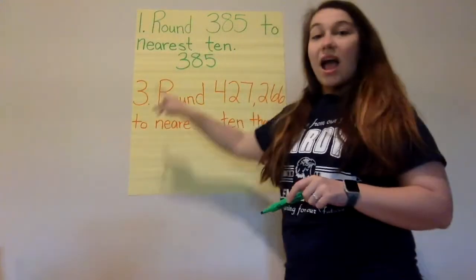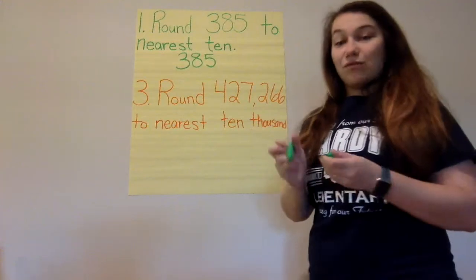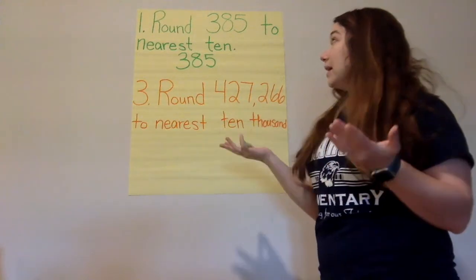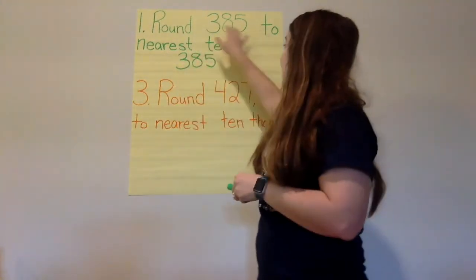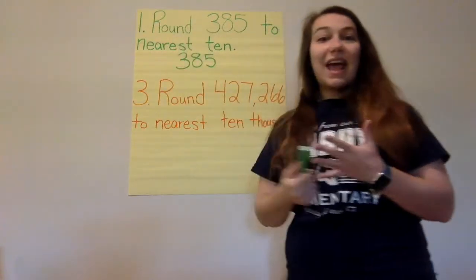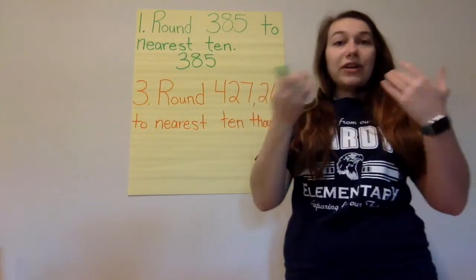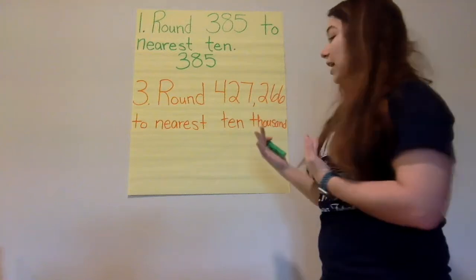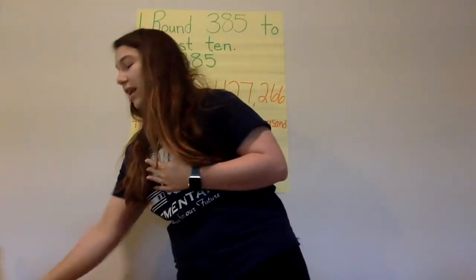All right, so I have 385 written right below. And so the question is asking us to round to the nearest tens. So it is going to be my job to find where our tens spot is.